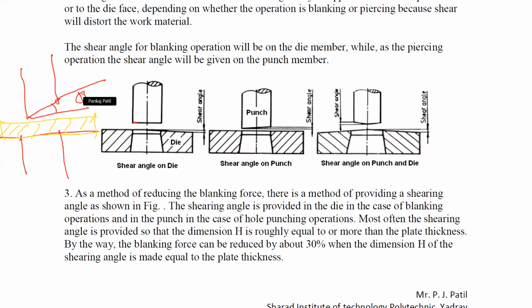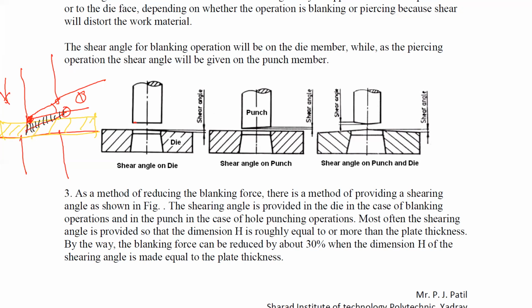When the ram is in the downward position, this portion will penetrate into the material first, and then the portion on the other side, the other edge, will penetrate last. That means step by step the punch will penetrate into the stock material.